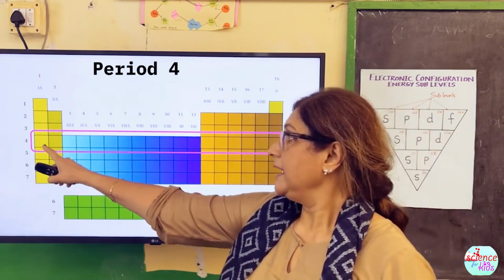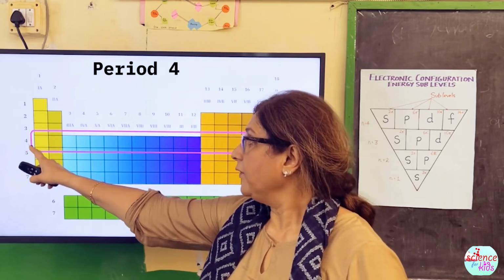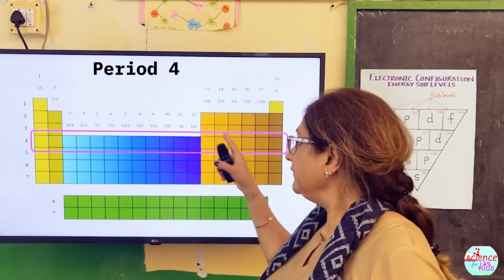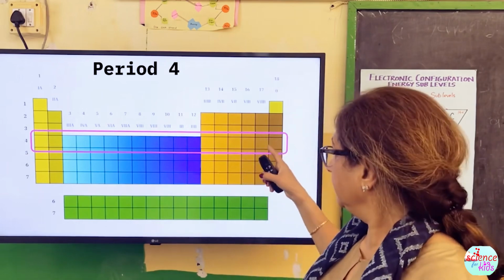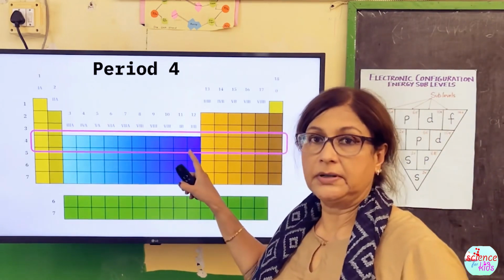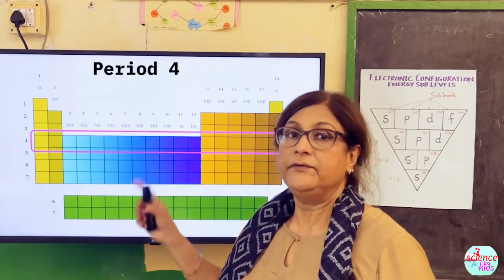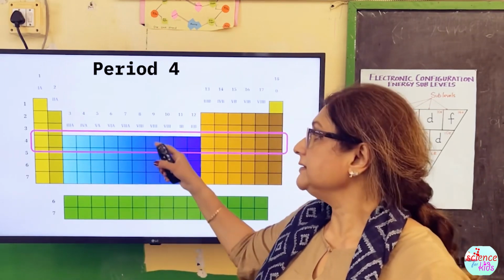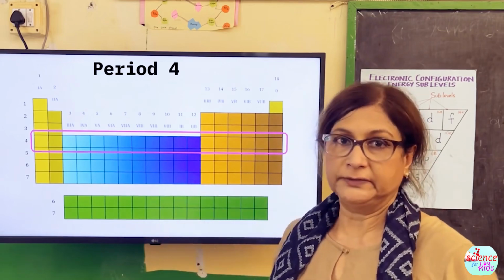Now here, S block in the fourth period will hold 2 electrons as usual. But before we go on to P block, we have to cross the D block. Now for D block, we have a little different rule. Why? Because it follows the Aufbau principle.